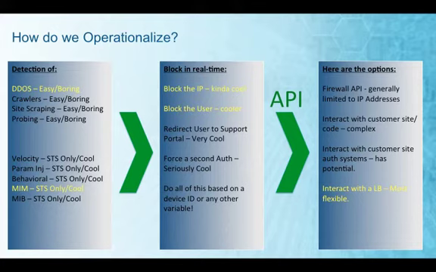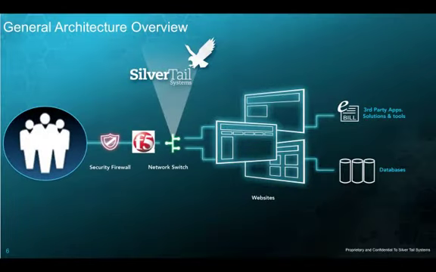We can interact with customer site auth systems, if they've got the wherewithal and the temperament to work down that road. In terms of the most flexible solutions out there, generally, everybody's going to have a load balancer. In this case, with F5, it's really quick to actually just instantiate a block within that F5 device, and typically in less than a quarter of a second.